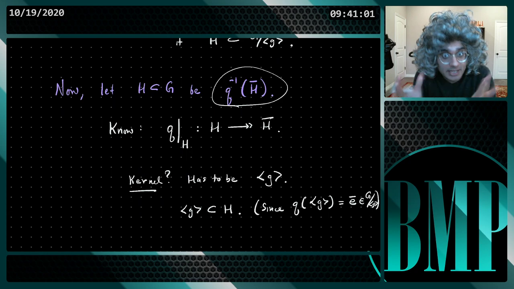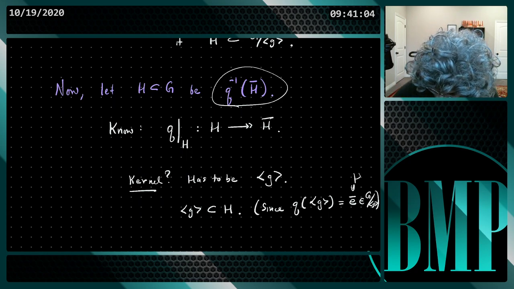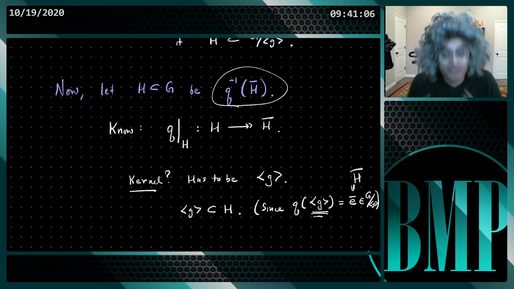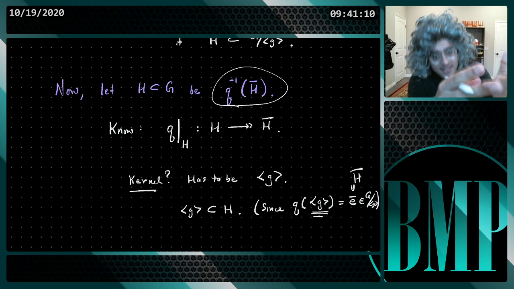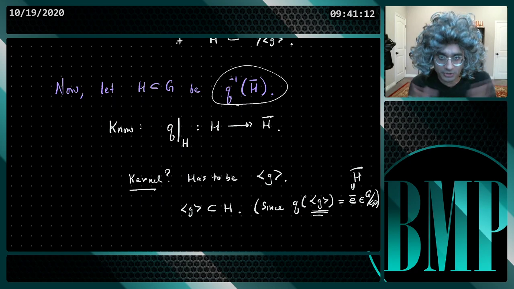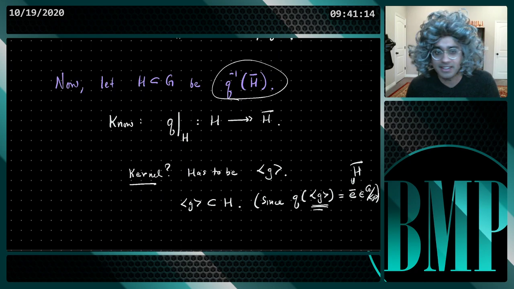And E bar is contained in H bar. So the original kernel of the quotient map is contained in this restricted homomorphism's kernel. All right? And the kernel can't be any bigger.